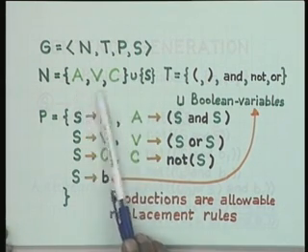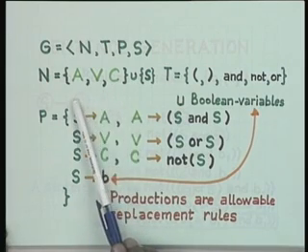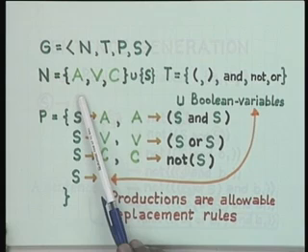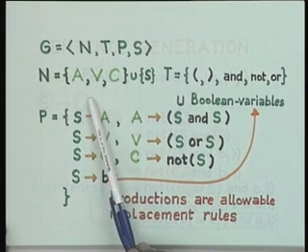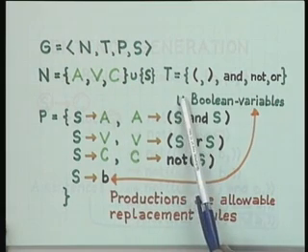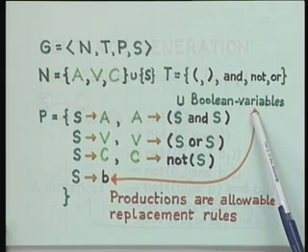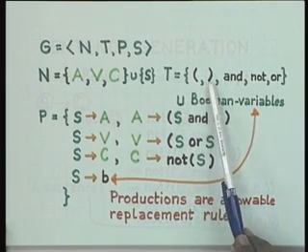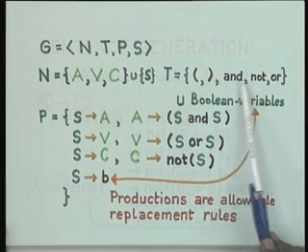The grammatical categories that I have chosen are A, V, and C, which stand for an AND Boolean expression, an OR Boolean expression, or a complement Boolean expression. The vocabulary of this language consists of all possible Boolean variables that you might take, the 2 left and right parentheses, and the 3 connectives AND, NOT, and OR.